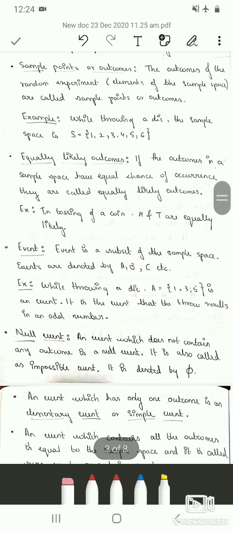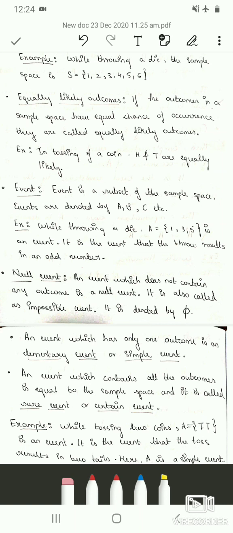So the next definition is event. An event is a subset of the sample space. Events are denoted by capital letters. Most commonly we will be representing an event as A, B or C, etc. For example, while throwing a die, A = {1, 3, 5} is an event.